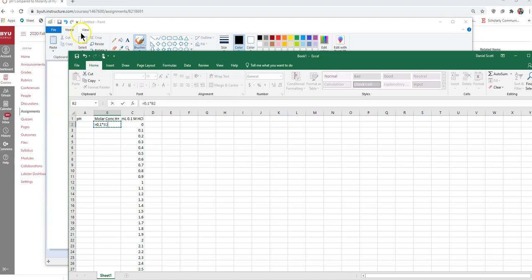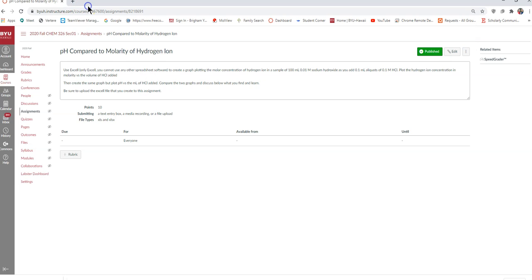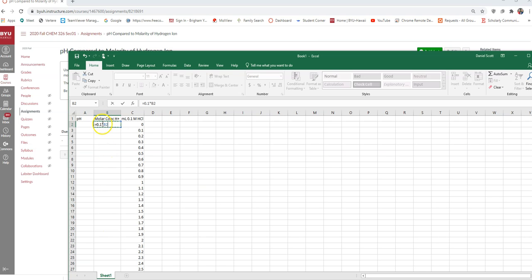Let's go back here real quick and take a look. 100 milliliters of 0.01, so 0.01 molar, and then 100 milliliters, which is 0.1 liters. So that little statement there would be the concentration of your hydroxide ion.